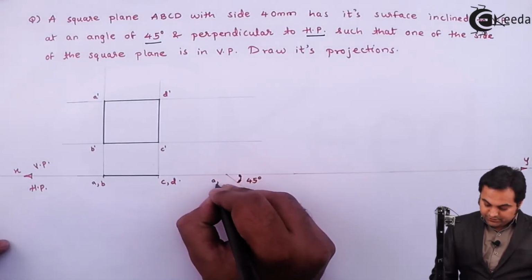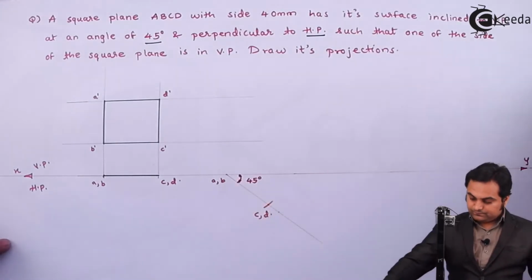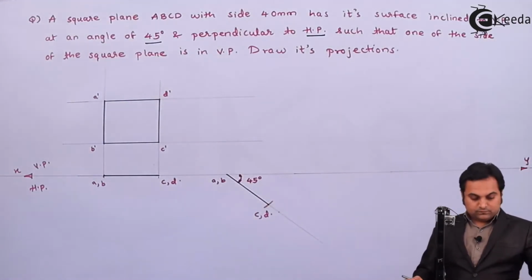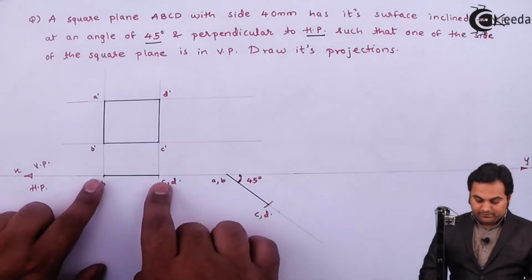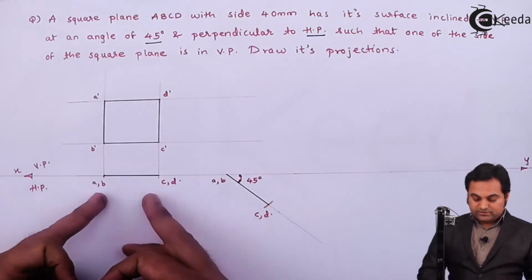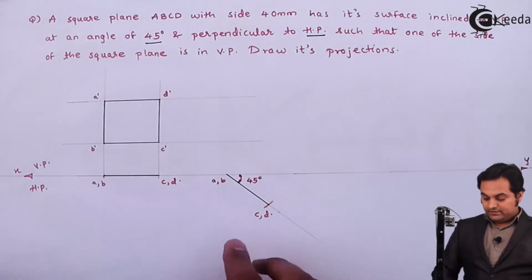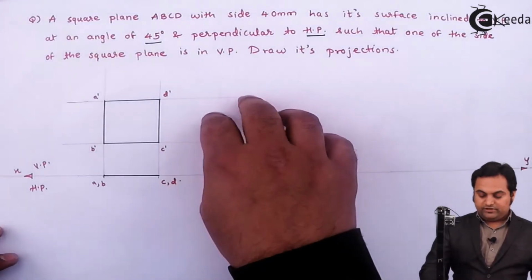So here the notations are AB and CD. Now this is the top view. Next, when the plane was a straight line, then we were getting a square. Now the same plane has become inclined, so the shape will change. And here I'm showing the inclination in the top view, so the front view will change.